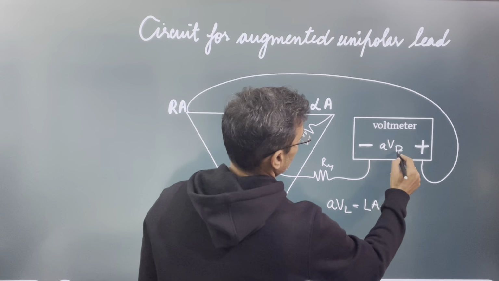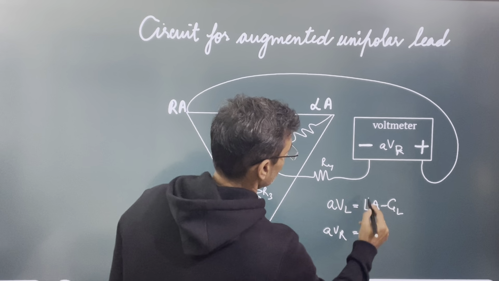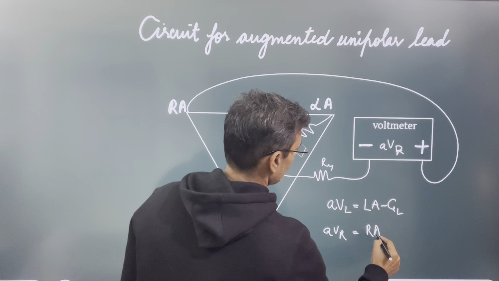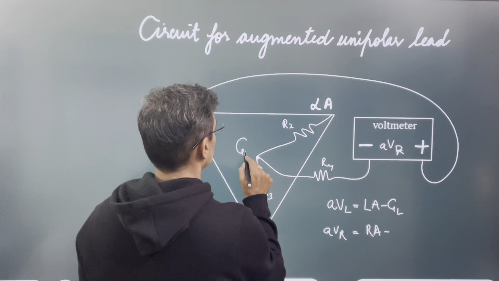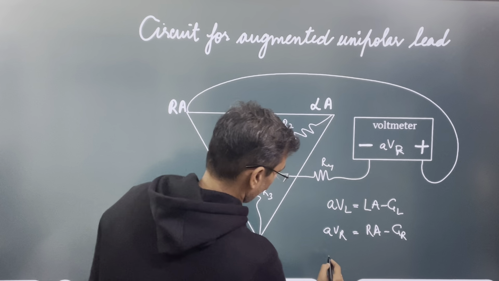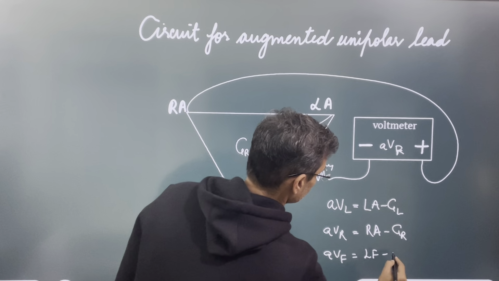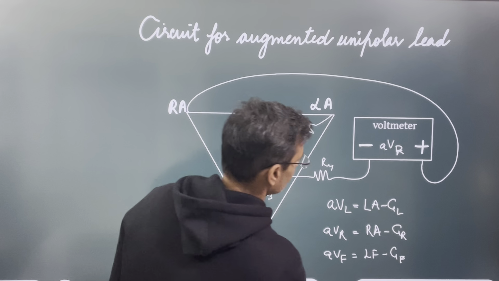So what we get is AVR. AVR is equal to RA minus, let's say, GR. Similarly, for AVF, we can write LF minus GF.